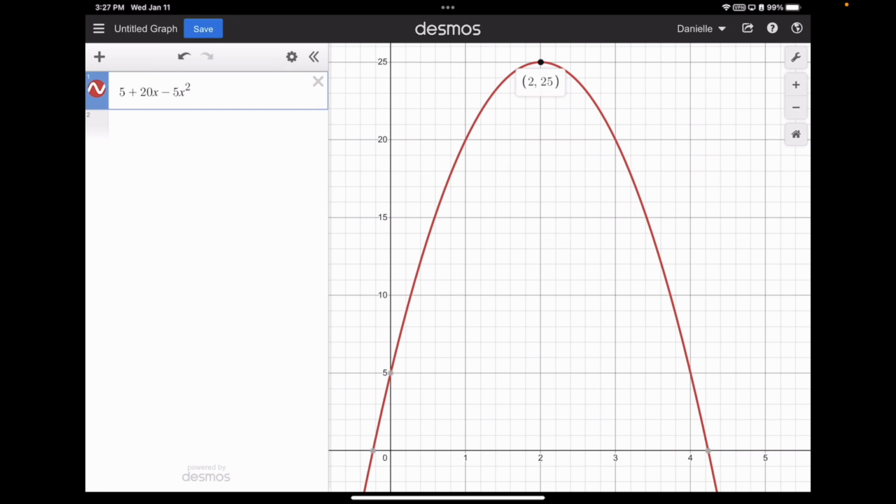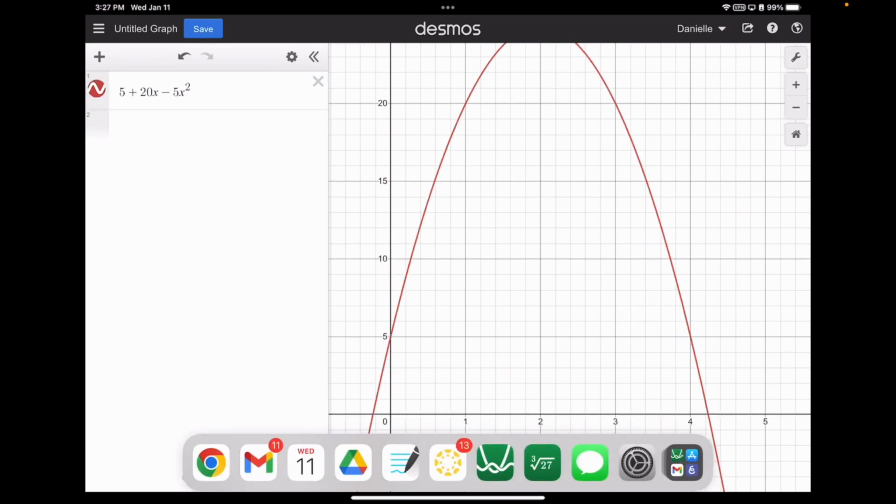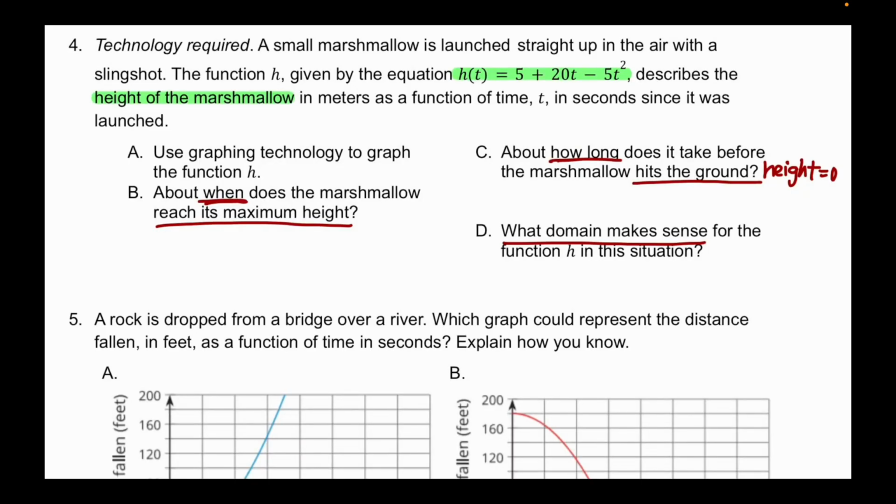I can see that the x value, which is time in our case, is 2. So if we go back and use our graph, we can answer when the marshmallow reaches its maximum height. We can say at about 2 seconds.